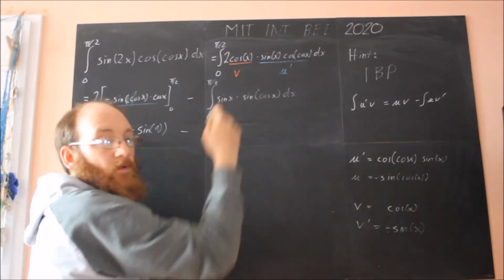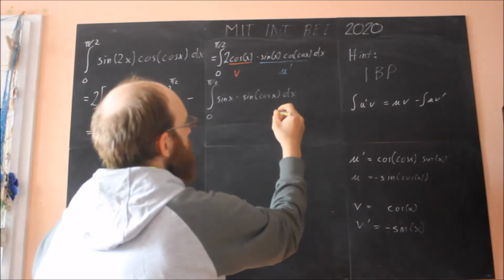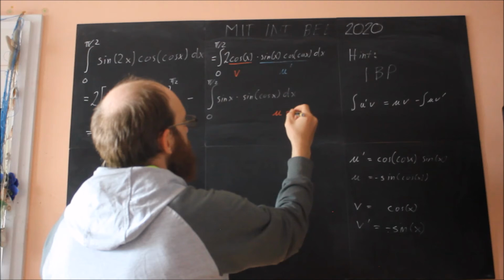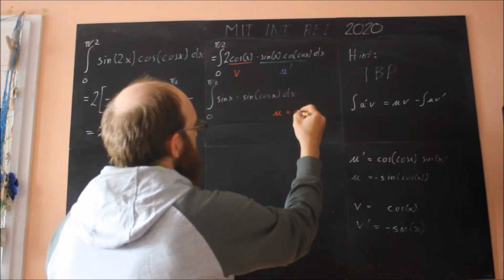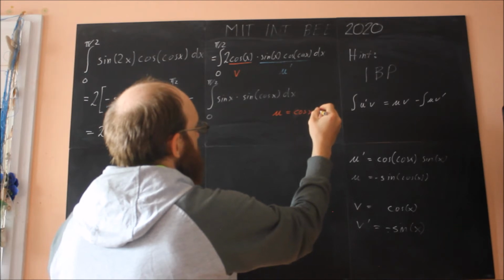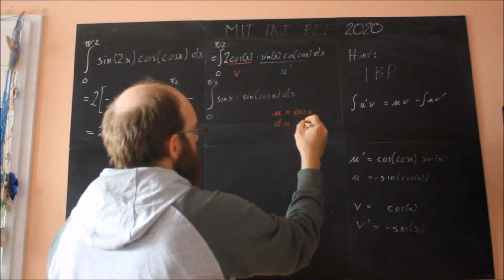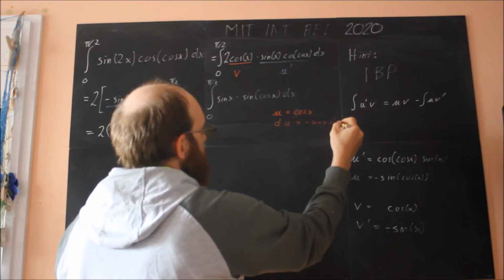And here, you can do a u substitution. Let u equal cosine x, this makes du equal minus sine of x dx.